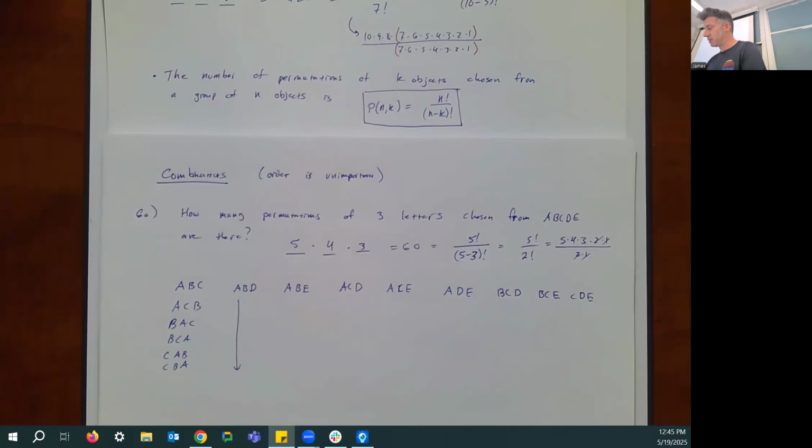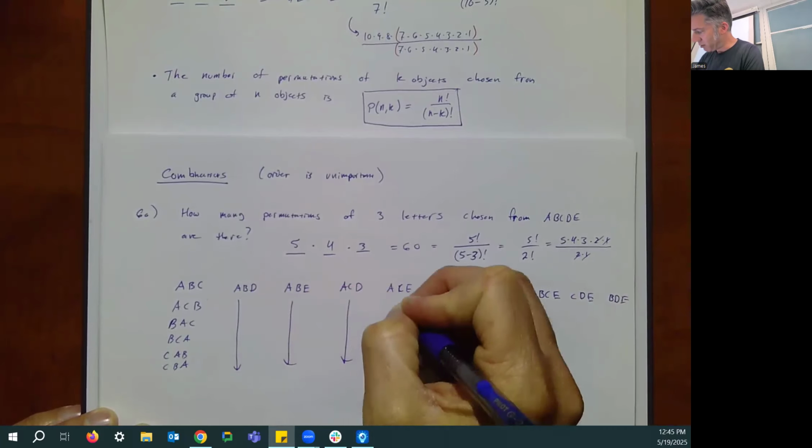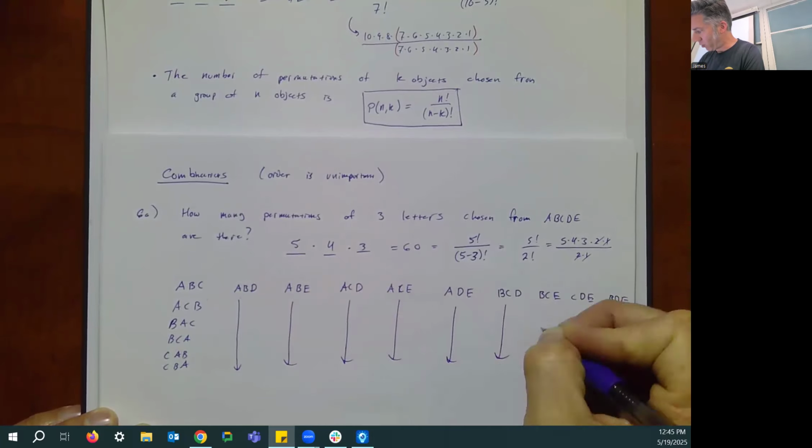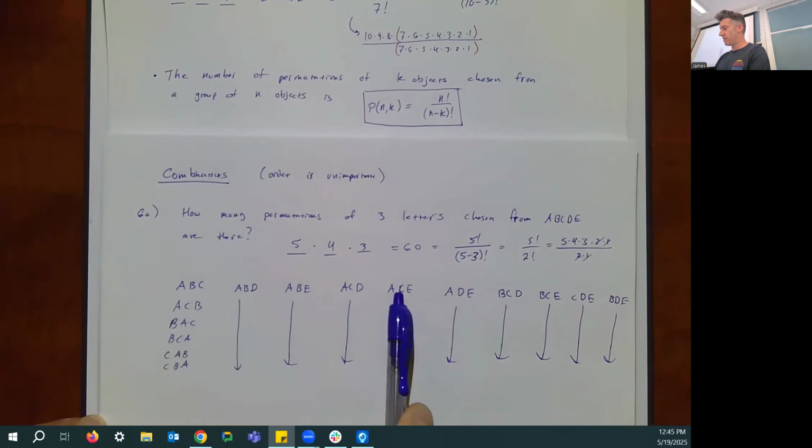I missed B, D, E. I don't know how I missed that one. So each of these would have 5 other orderings for a total of 1, 2, 3, 4, 5, 6, 7, 8, 9, 10 times 6 is 60 different permutations.